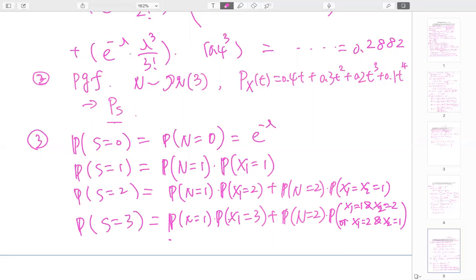And finally, when N is 3, all my claims must be 1 and 1 only. Okay.